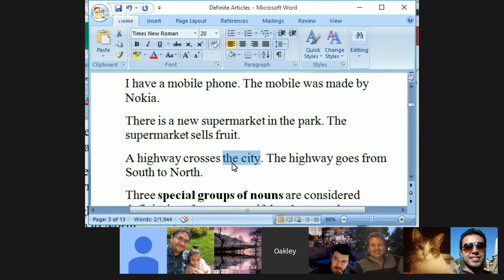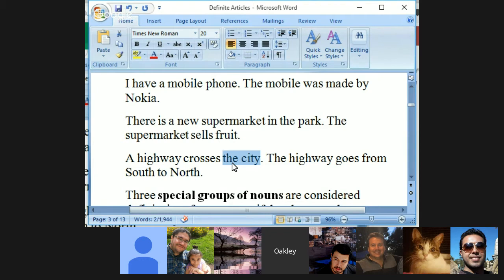Now, looking at articles, it's almost backwards. It is what the speaker thinks the listener knows. Wrap your head around that one. So the speaker in this case would assume that the listener knows that he's talking about the city where they're standing right now, or the city that they're in.